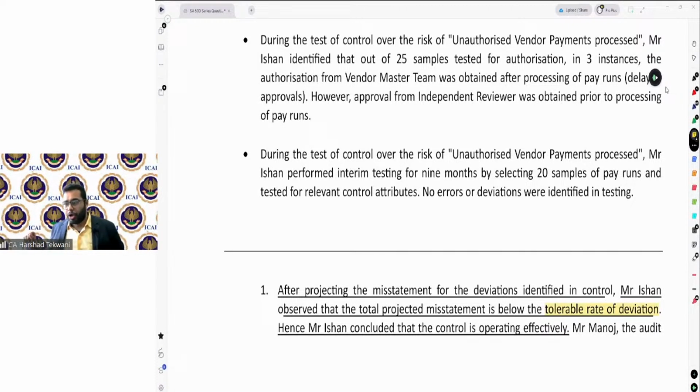When you are talking about control testing, it's a very, very important point. My tolerable rate of deviation, what is that?